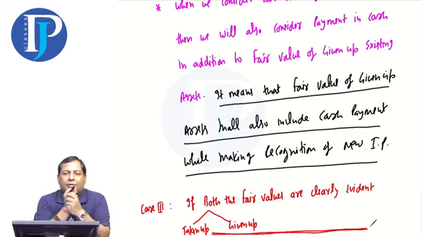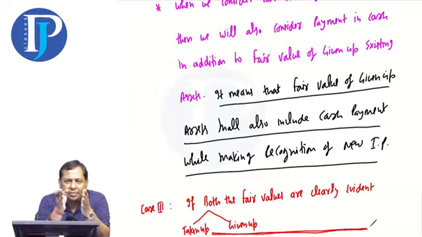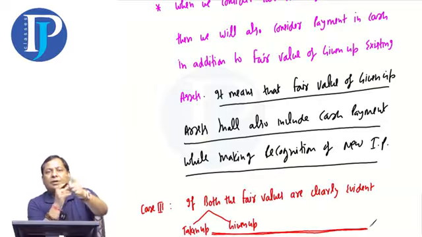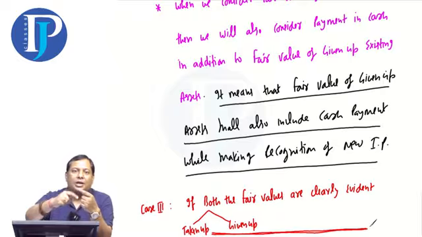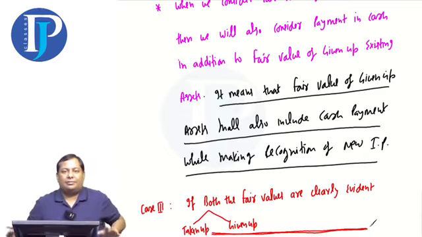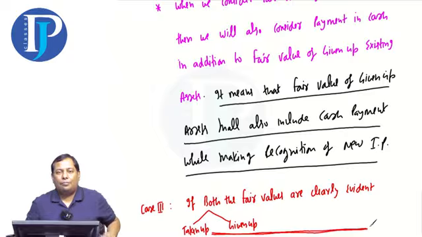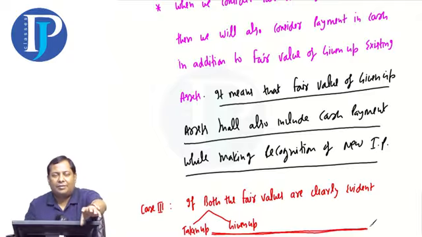Now tell me, I had told you that the institute has clearly written in the study material that always prefer given up. If both the fair values are known and both of them are clearly evident, then you should know that your case number 2 will be repeated. Why? Fair value of given up should be preferred.